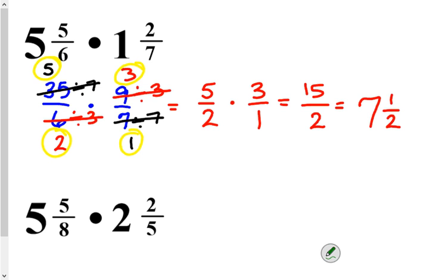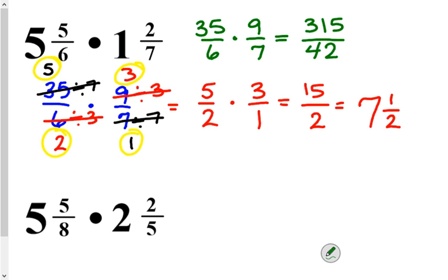Now notice, it would have been totally okay for me to keep that 35/6 times 9/7, and then I would have had to multiply 35 times 9 and 6 times 7. So 35 times 9 would be 315 over 42, I believe.